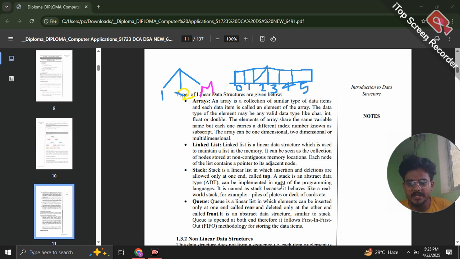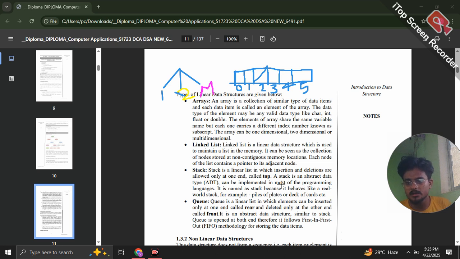What do you mean by linked list? If you are listening, then you might understand about list. What is list? You see a train, how one box is connected to another box. You know, linked list.